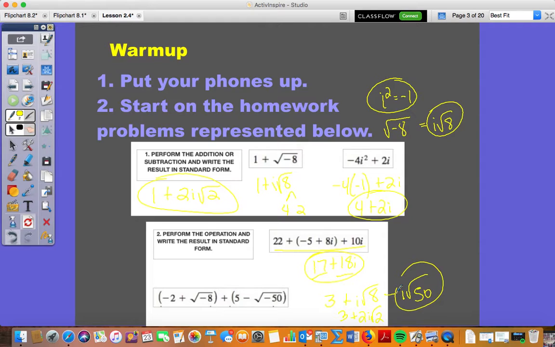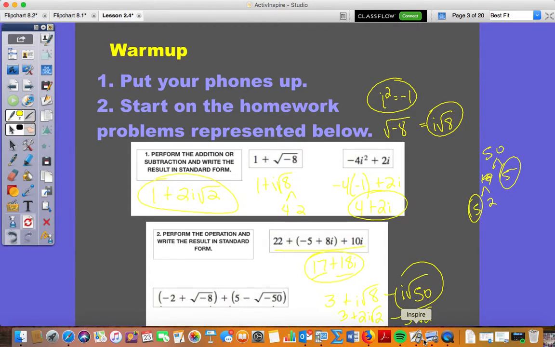Okay. So 50, we pull out a 10 and a 5 is what Kennedy says. And then from the 10 pull out 5 and... Good. Are there any pairs? 5. Yeah, 5. Good. What gets pulled out? 5, and then what's left on the inside? 2. Good. So we would say minus 5i root 2.